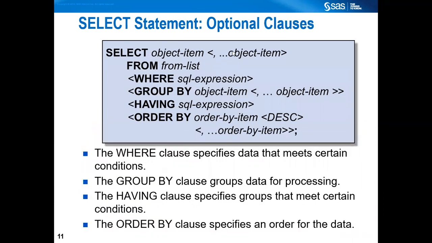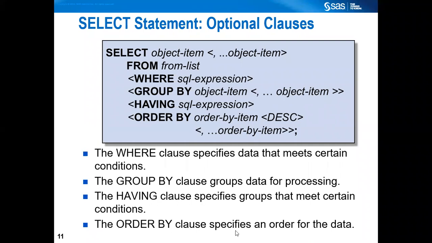It's telling here that the where clause specifies data that meets certain criteria to select the observations. Group by clause groups data for processing. Having clause always goes hand in hand with group by, in case you are grouping your data and you want to subset on a specific group, you use the having clause.